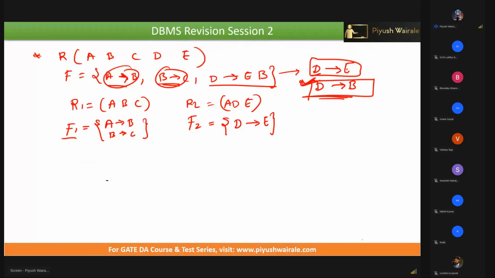I guess I have recorded one session, a video, on dependency preserving as well. So see here, A determines B, B determines C. But can I add A determines C also here in F1? I can do that. What about F2? We have D determines E. Can I add E determines something, or A determines something?